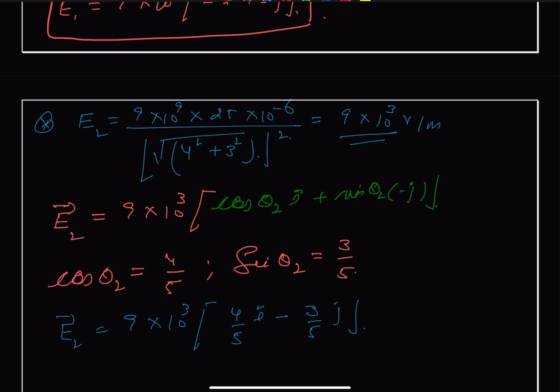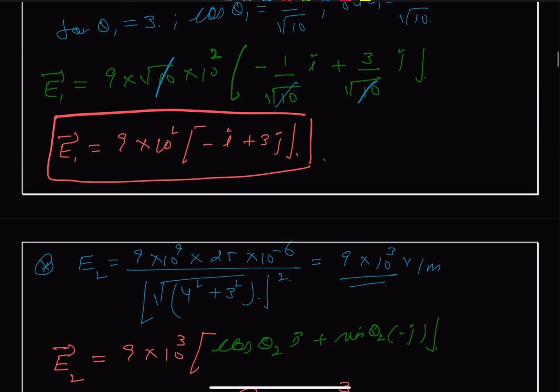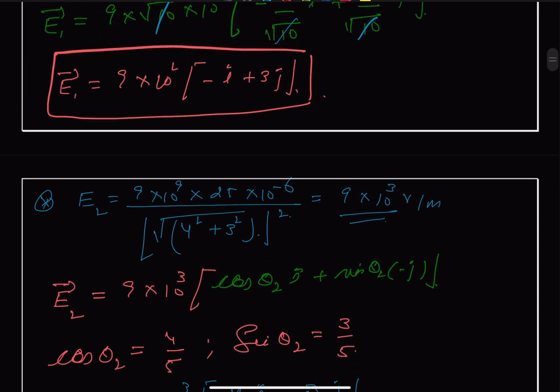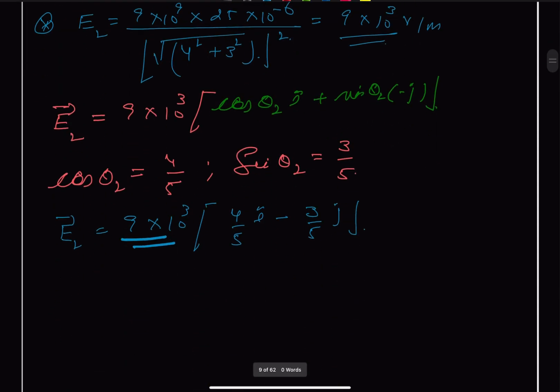And this will be coming as 4I and 9 into, okay, we are going to make this factor the same, because here we are having 9 into 10 raised to the power 2, and this is 9 into 10 raised to the power 3. So we are going to just modify it.